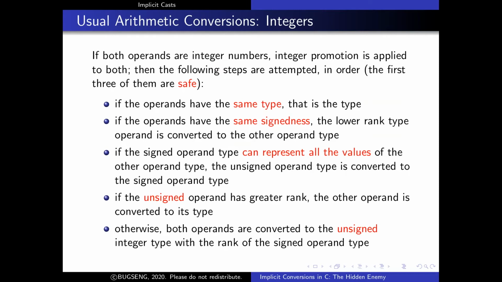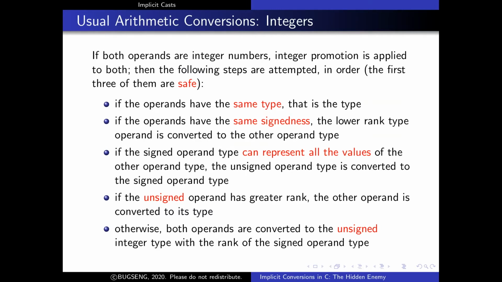So here you also have an explicit guarantee that the conversion will be okay, because you apply step 3 only if the signed operand can represent all the values of the other operand type. Then step 4, if the unsigned operand has greater rank, then the other operand is converted to its type.